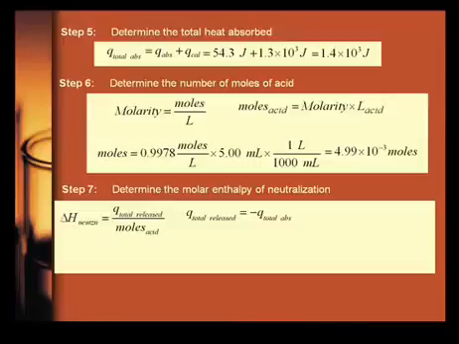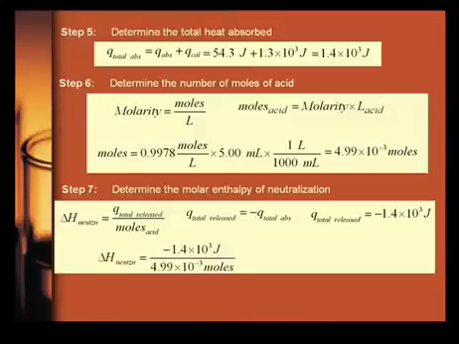So the heat totally released is equal to the negative of the total heat absorbed. So Q total released is negative 1.4 times 10 to the 3 joules.